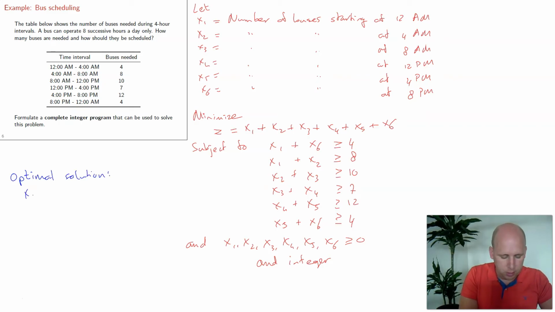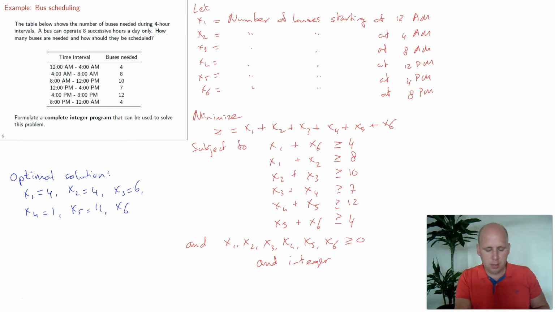We have x1 is equal to 4, x2 is equal to 4, x3 is equal to 6, x4 is equal to 1, x5 is equal to 11. And you see that in the last time interval we are not going to use any new buses. So in that last time interval we only use buses that start serving in the time interval from 4 to 8 p.m. So this is the optimal solution.